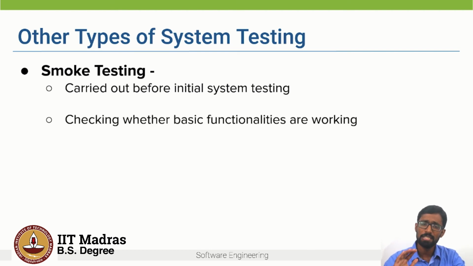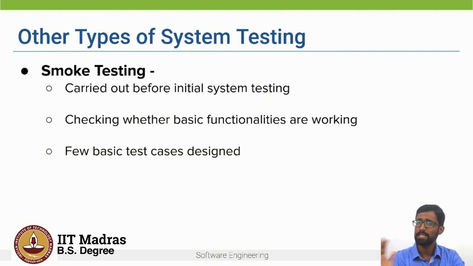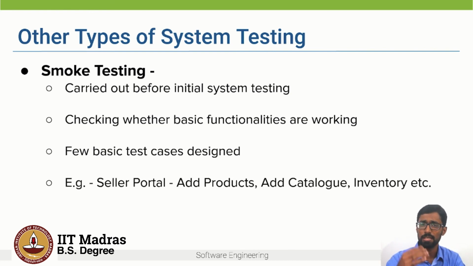Basically we just check whether the basic functionalities are working. So a few basic test cases are designed and they are checked to see whether the basic functionalities are working. For example, in case of the seller portal, basic functionalities like add products, let's say you want to add things to the catalog or to the inventory. Are these basic functionalities working? That can be done using smoke testing.